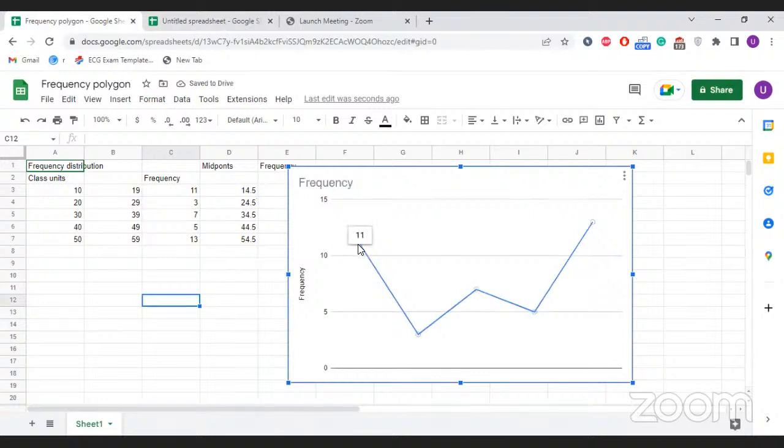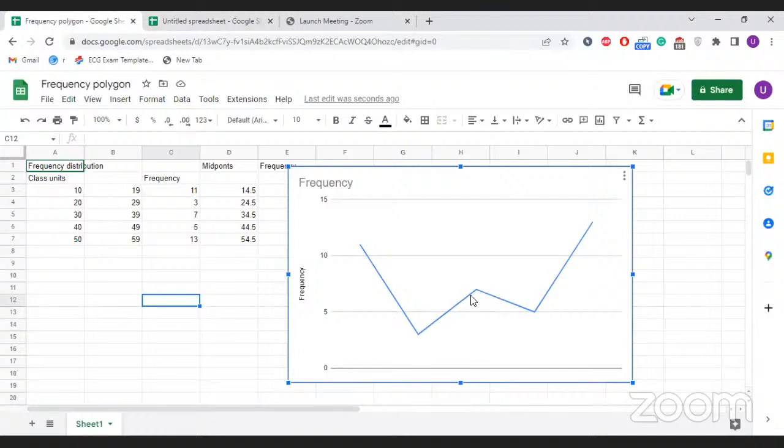So at this point, frequency is 11 and midpoint is 14, and this is connecting the data set at the midpoint of this site. Then we can see that at this point the frequency is 3, and at this site the midpoint is 24.5.